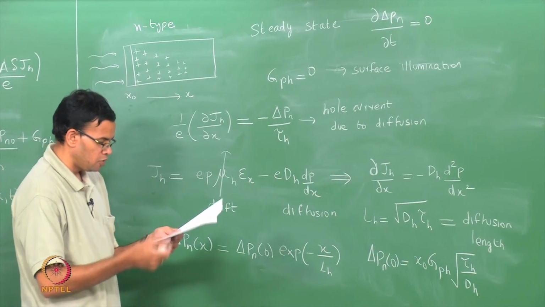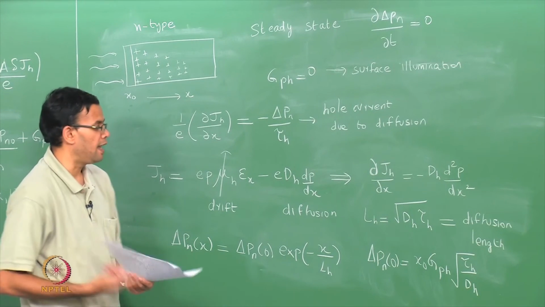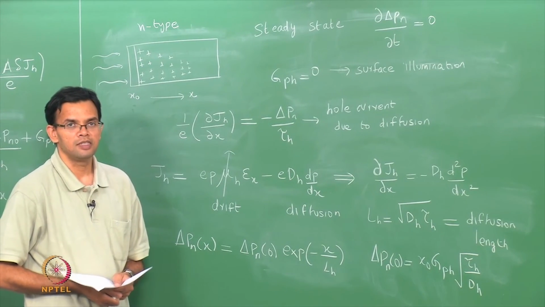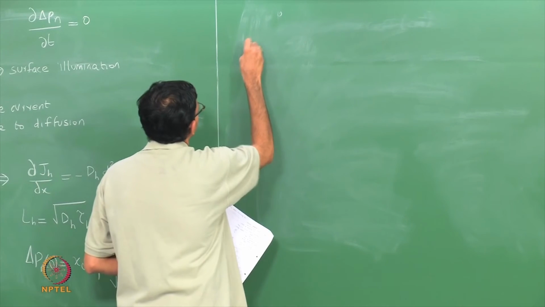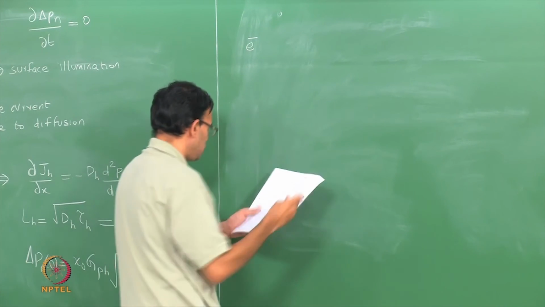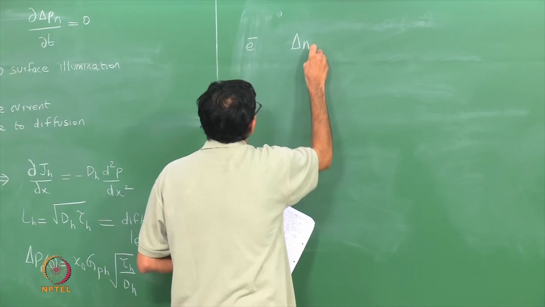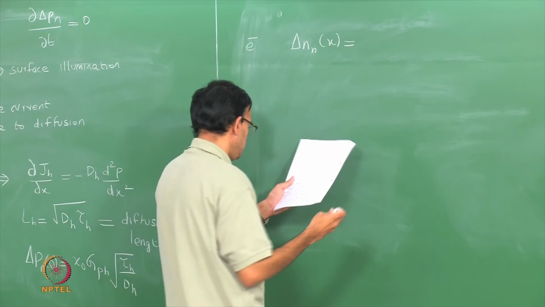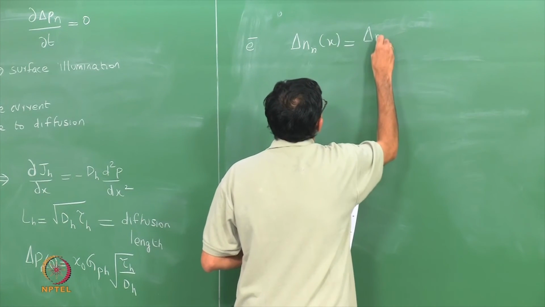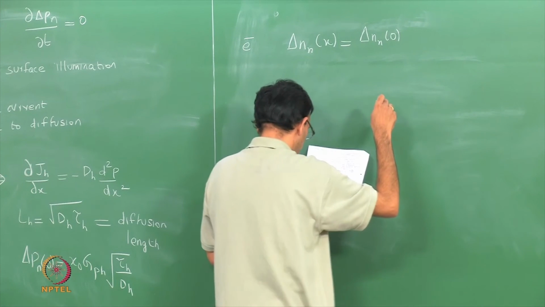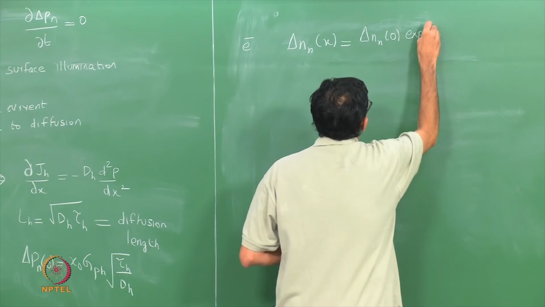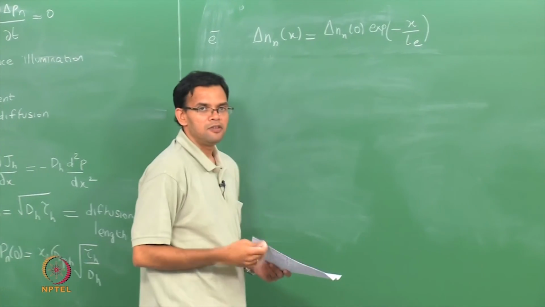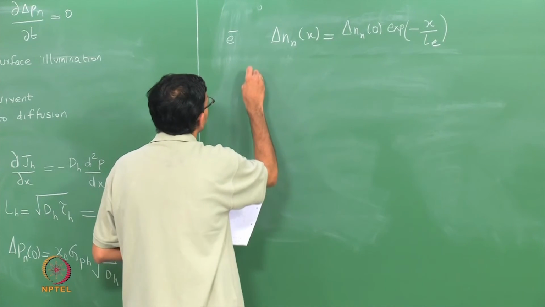So, we can write a similar equation for the electrons, and then we can plot how this carrier concentration goes as a function of distance. So, for electrons we can write a similar equation, Δn of x, which is your excess electrons that are generated, ΔNn naught, exponential minus x over Le, where Le is the diffusion length of the electrons.